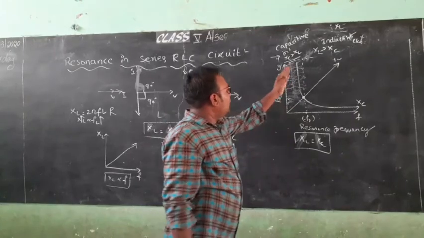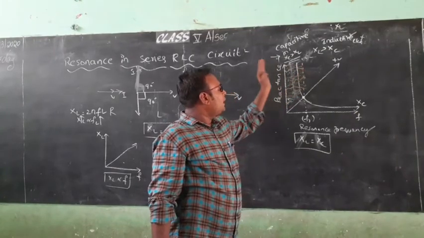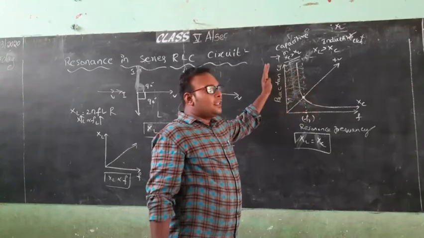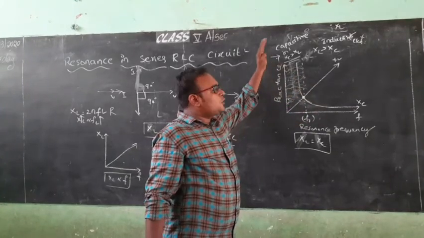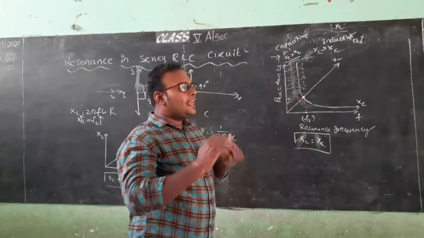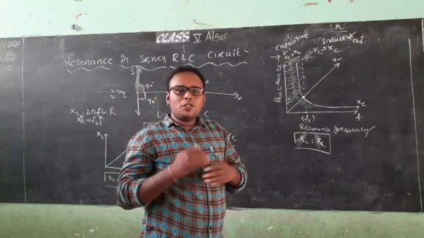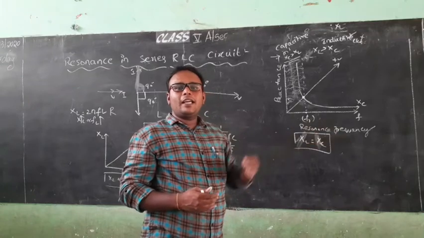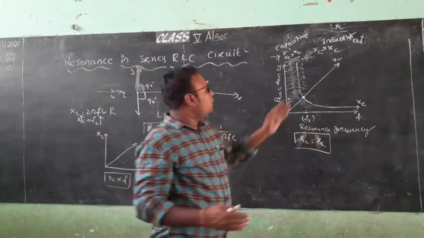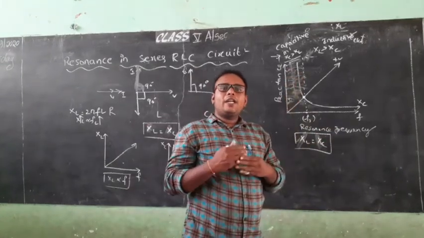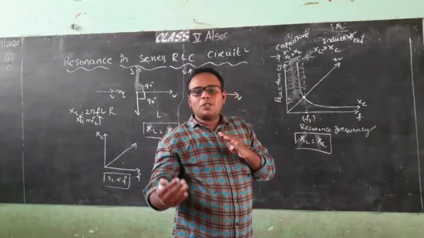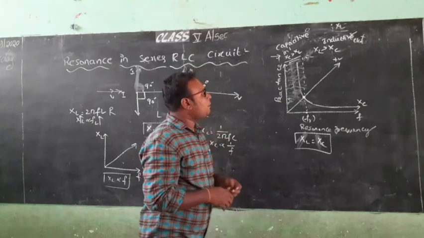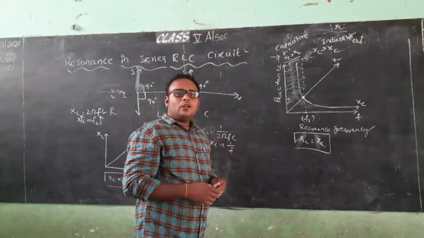When the capacitive reactance is greater than the inductive reactance, the circuit behaves like a capacitive circuit, and when the inductive reactance is greater than the capacitive reactance, the circuit behaves like an inductive circuit. What happens when both are equal?